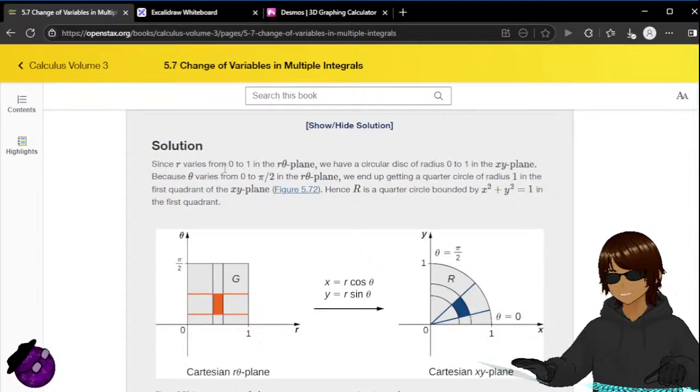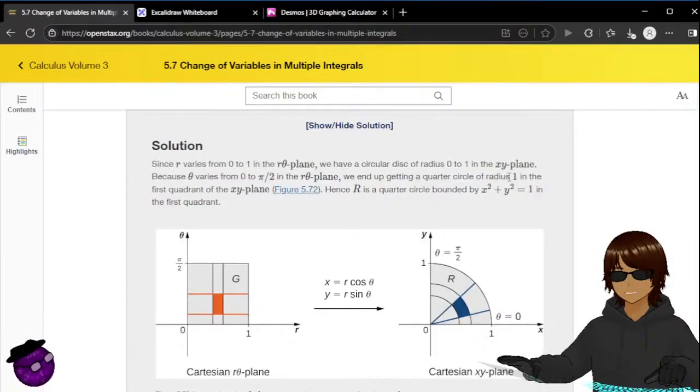Since r varies from 0 to 1 in the r theta plane, you get a circular disk of radius 1 in the xy plane. Because theta varies from 0 to pi over 2 in the r theta plane, we end up getting a quarter circle of radius 1 in the first quadrant of the xy plane. Hence, R is a quarter circle bounded by x square plus y square is equal to 1 in the first quadrant.